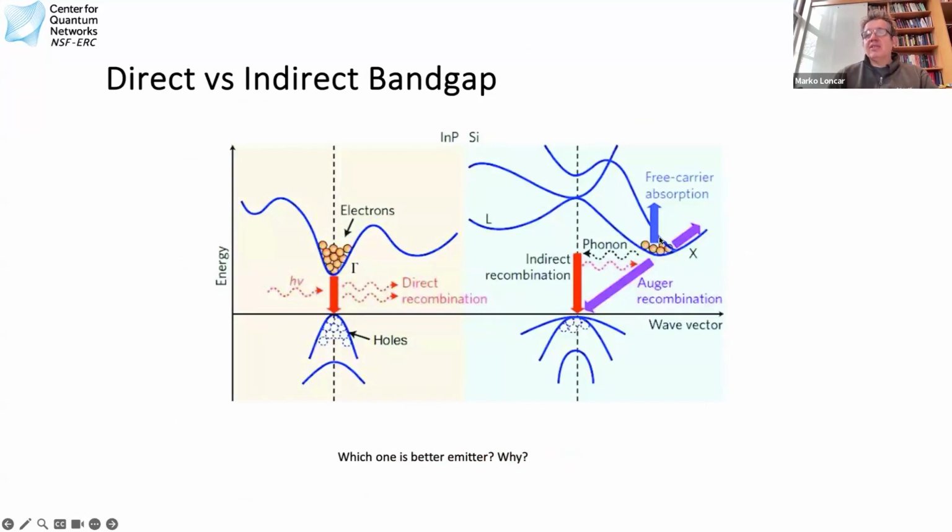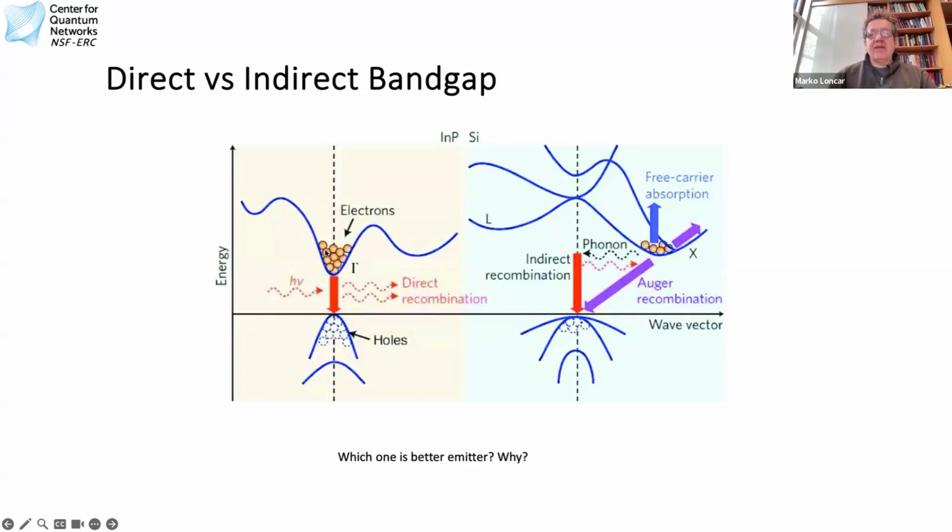These electrons don't have the same momentum as these holes. So when an electron and hole want to recombine, with the electron going back to the valence band to emit a photon, this process requires phonons to participate to change the momentum of the electron. This is not a very efficient process. So silicon is not a good light emitter.